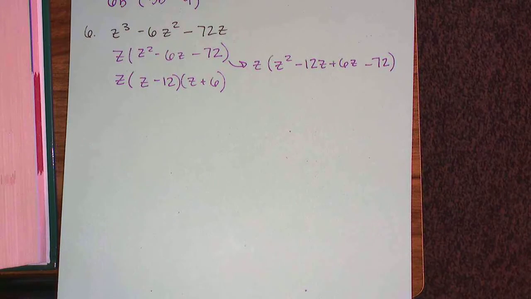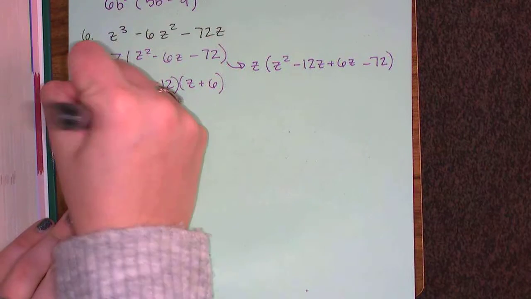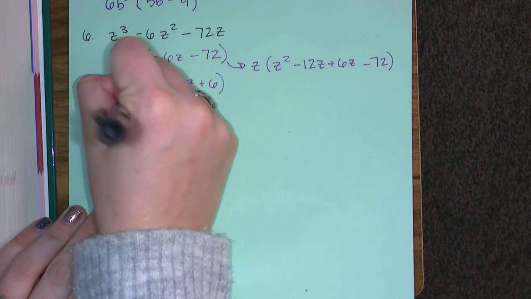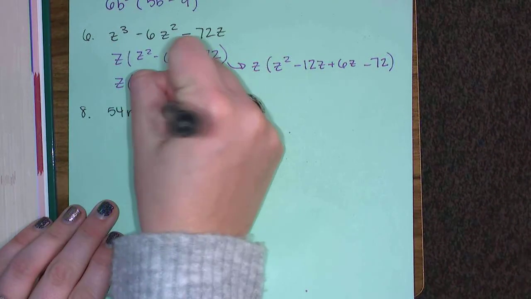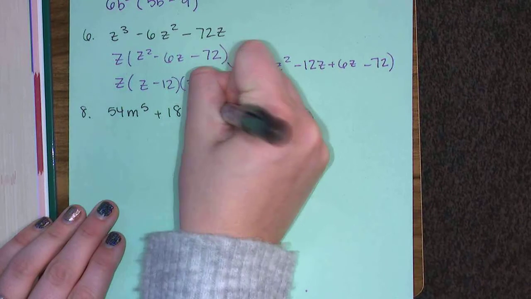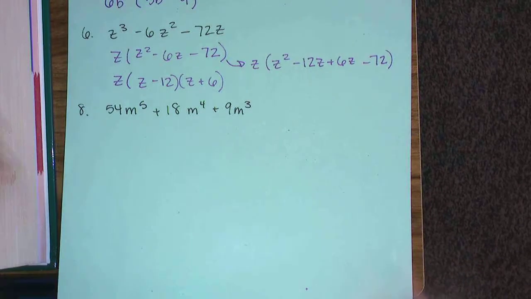Alright, so it is your turn to try one. Number 8. 54m to the 5th plus 18m to the 4th plus 9m cubed.